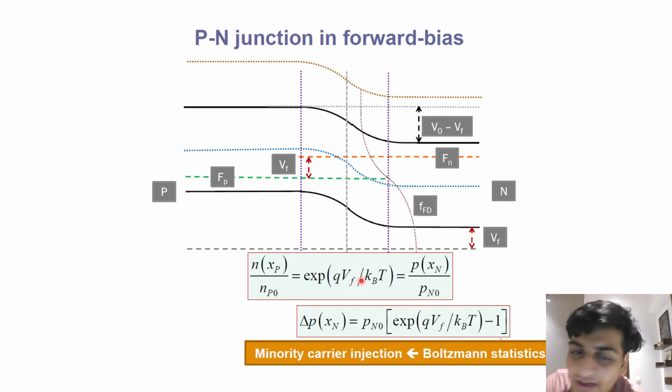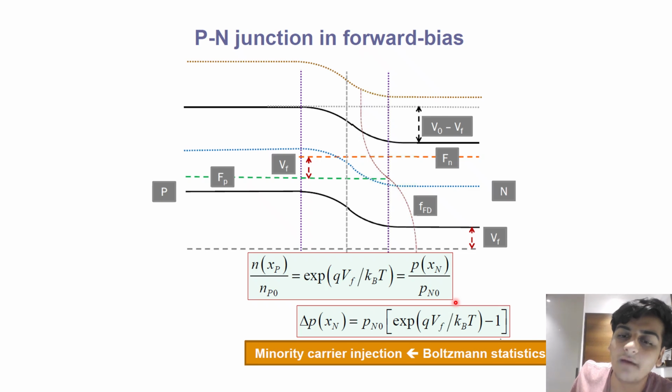Now, we've done these calculations, we've spoken about these quasi-Fermi levels and all of that. That is fine. But what are we actually trying to get at? What we are trying to get at is that when you apply this forward bias, the reason you get this current is because in this N-type material, you're injecting minority carriers.